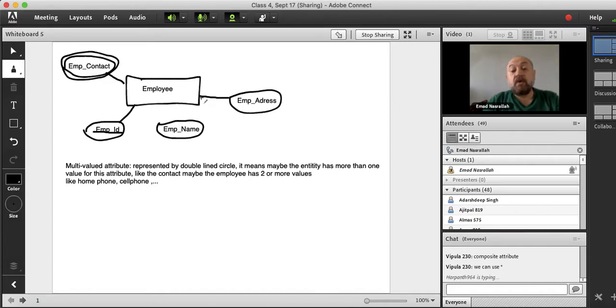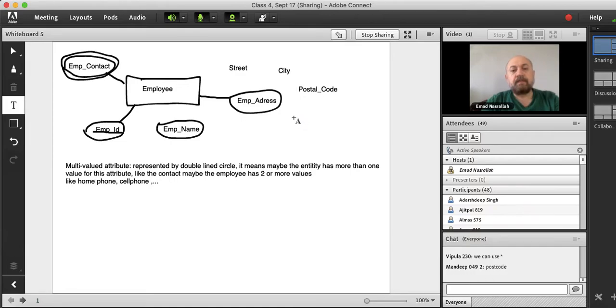Here we will use composite attribute. The composite attribute is like one name, but it branches into different parts, like here, street, city, postal code, building number.